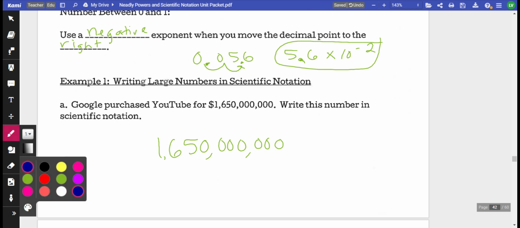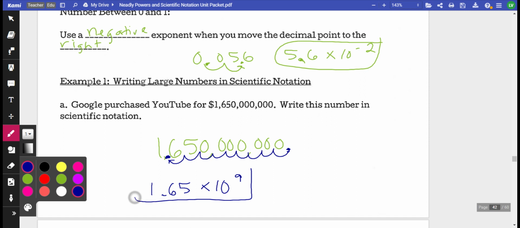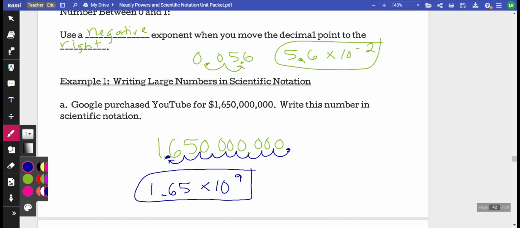And I want my decimal point to end right here between the 1 and the 6, because that is my first non-zero digit. So if my decimal point is technically at the back right here, I have to move it over 1, 2, 3, 4, 5, 6, 7, 8, 9 times. So that's 1.65 times 10 to the 9th power, because I moved that decimal 9 places.